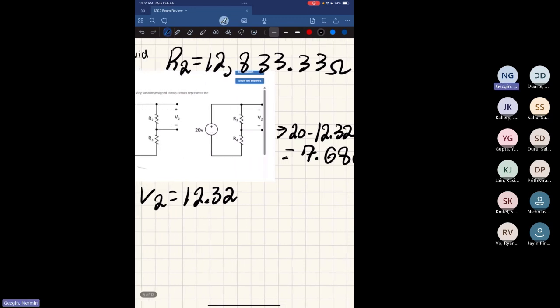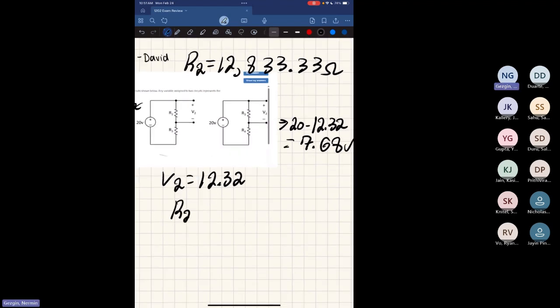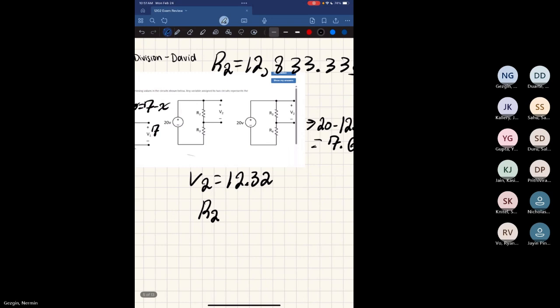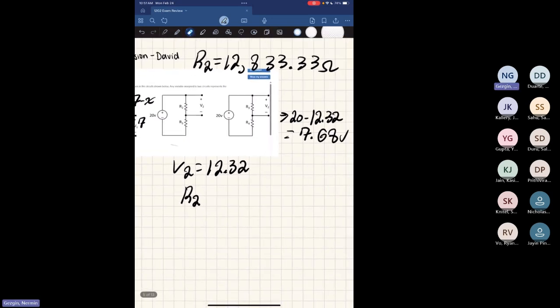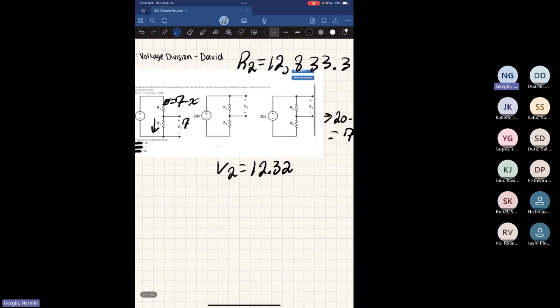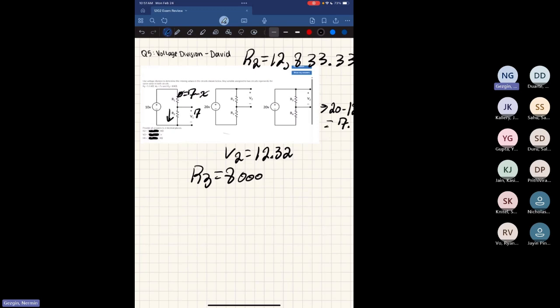So what we can do now is find the value of R4 by knowing that the value of R3 is 8,000.